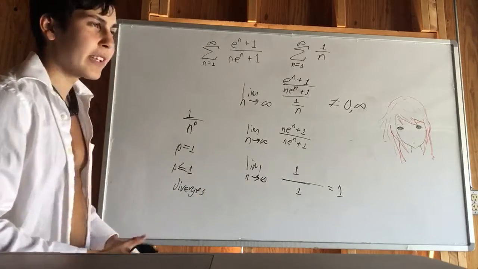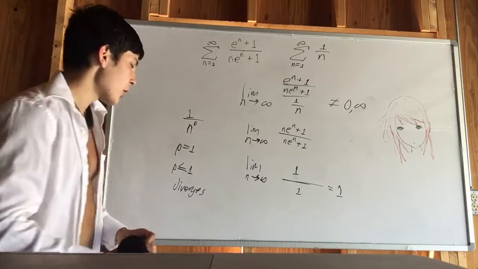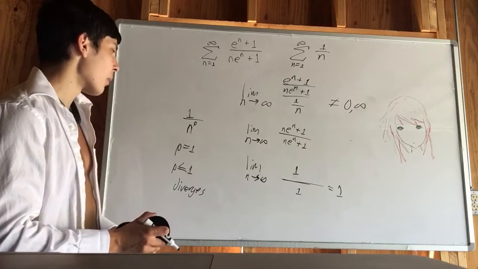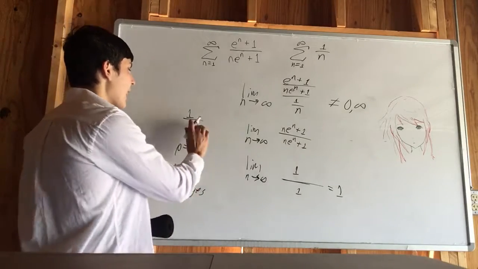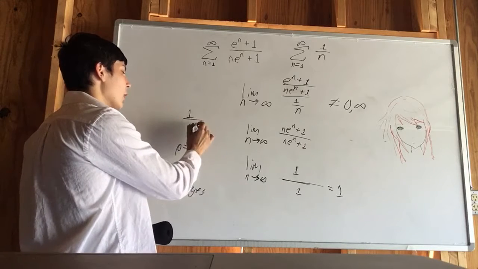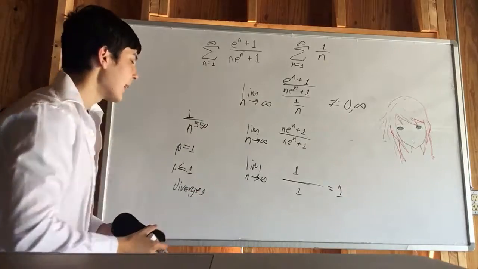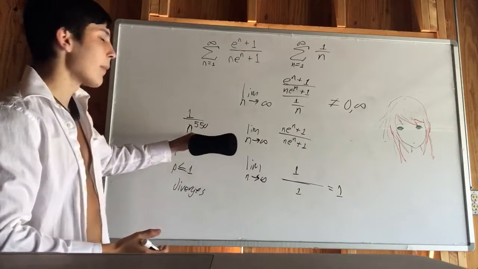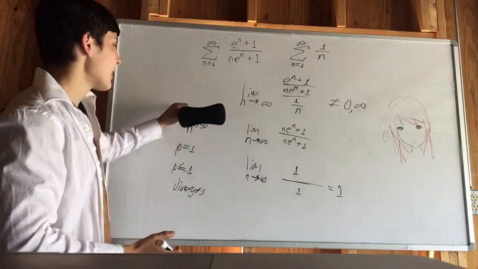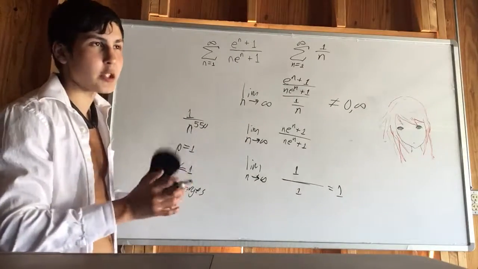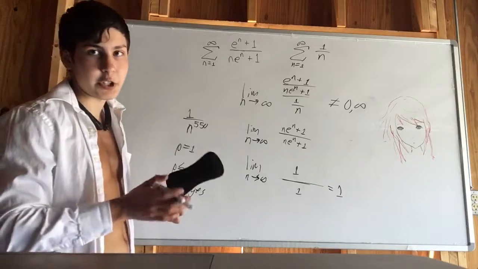If you can't remember if it diverges or if it converges because you have too many things to memorize, then don't memorize it. Just reason about it. So if we had a p that was really, really large, like say 550 or something, any really large number, our denominator is going to get very large, which means our term is going to get very small. And if your terms are getting very, very small, that indicates convergence, remember.